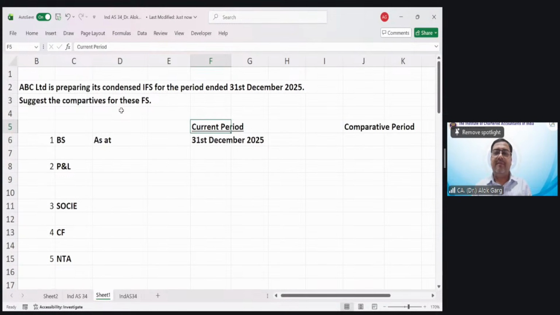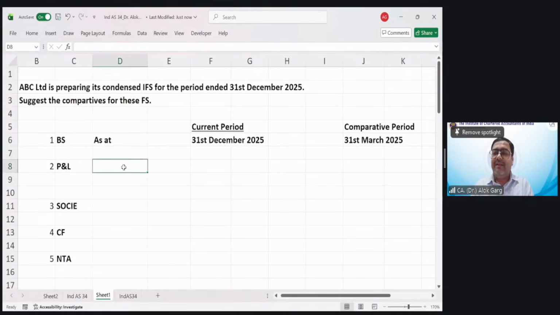What is the comparative? For which period comparative balance sheet has to be given? Yes, the last year end audited balance sheet. For balance sheet, it has to be the last year end audited balance sheet, 31st March 2025.